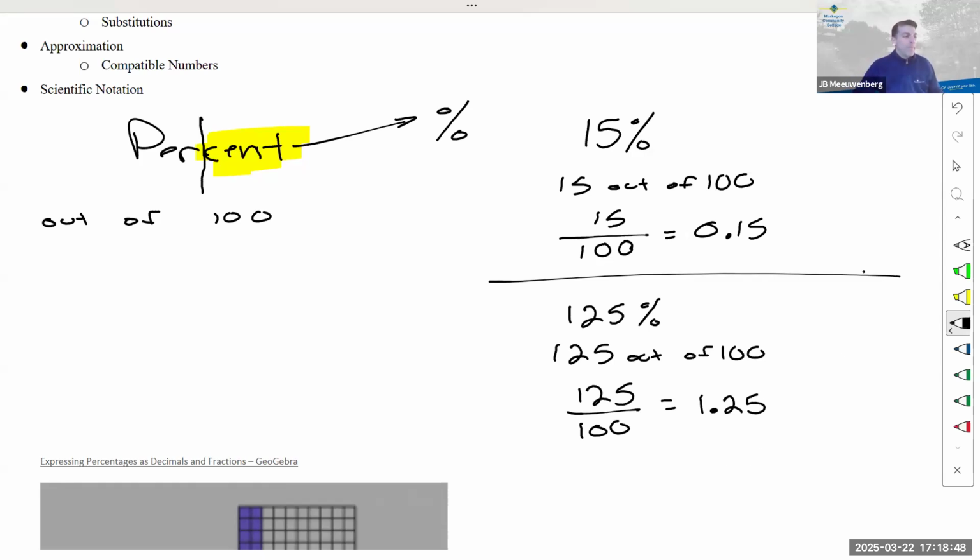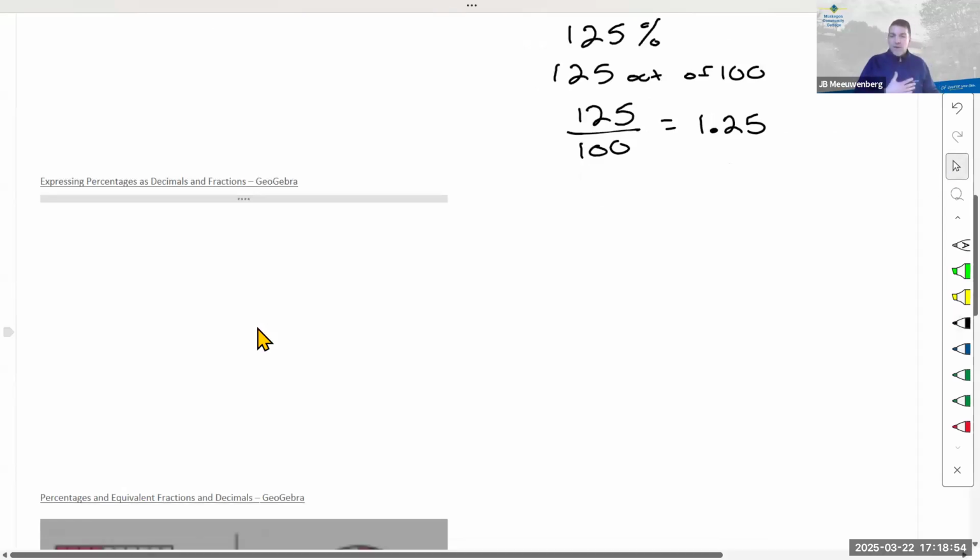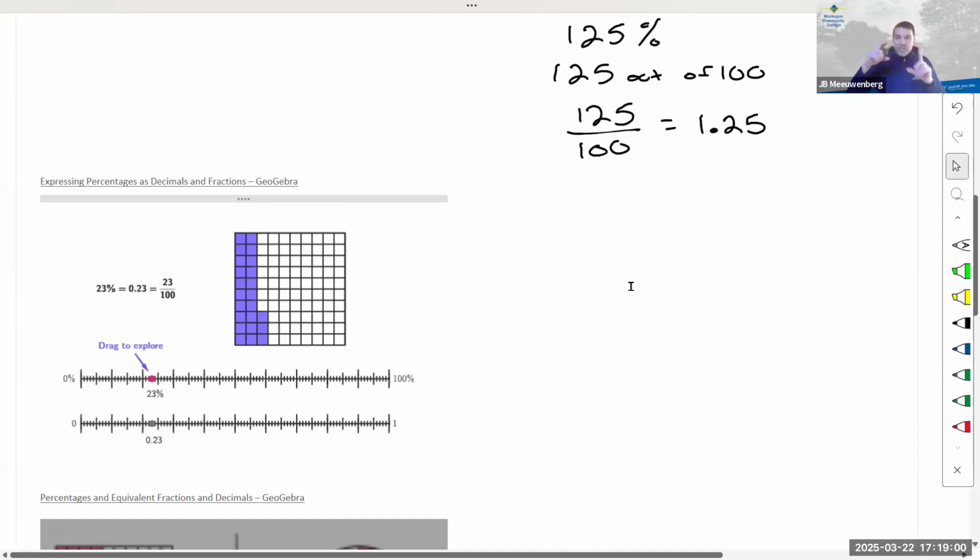Now, one of the ways we can model percentages are with 10 by 10 grids. And we've seen those in our conversations around decimals and also fractions. Think about our fraction squares where we have 100. And so I have a couple links for you in Blackboard, and this is one of them.